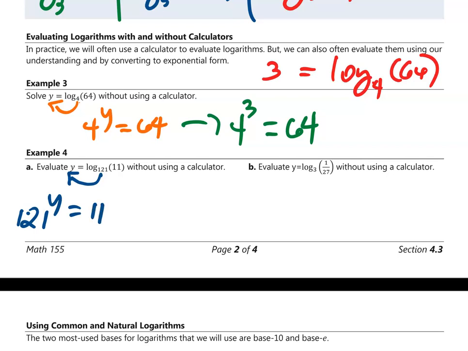What is that value of y when we raise 121 to that number is equal to 11? Yes, 121 raised to 1/2 is equal to 11. Square root of 121 is equal to 11. So the answer is 1/2.